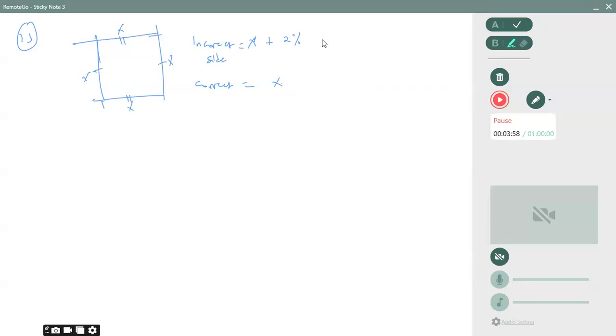Let me try to put it down. So this one here will be twice, even this one here will be twice. The one which is correct, there will be 2, and the ones that are incorrect, there will be 2. So in this case, hope I'm interpreting properly, the incorrect side here is the same as x plus 0.02x.